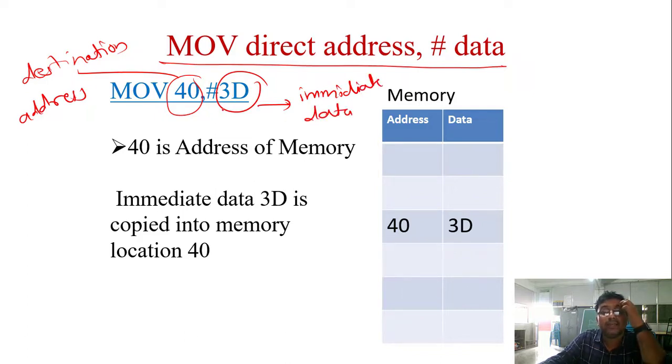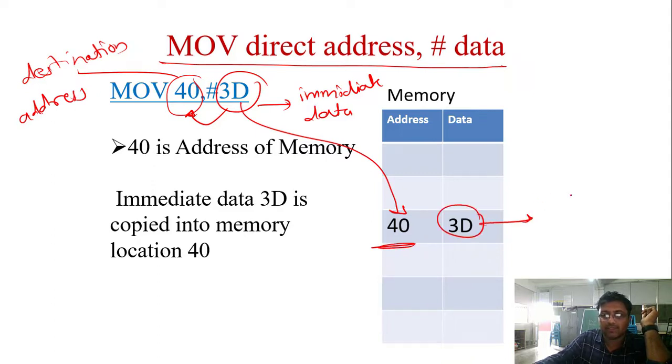This immediate data will be copied to the destination address 40. So 3D will be copied to address 40, and the value present there after execution is 3D. So 40 is the address of a memory, and immediate data 3D is copied into the memory. Like this we can use immediate data with the direct memory address as well.